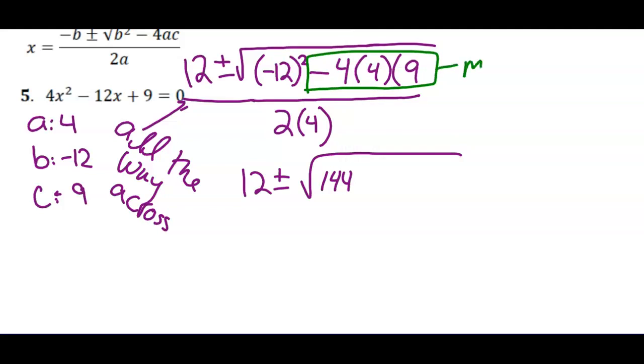So you're multiplying all of this together. Negative 4 times 4 is negative 16. Negative 16 times 9 is negative 144.